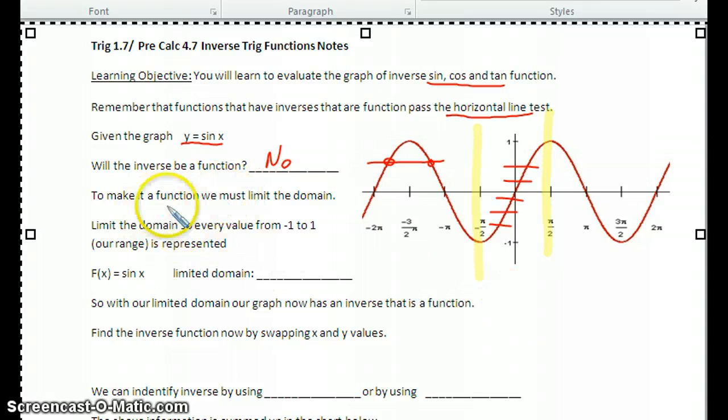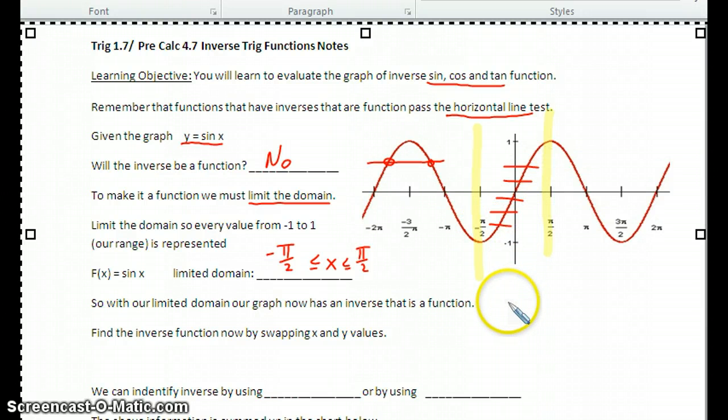So if I want to make the inverse a function, I have to limit the domain. And that's what I've done here by drawing these lines at negative pi over 2 and positive pi over 2. By limiting the domain to be x values between negative pi over 2 and positive pi over 2, we can now say that the inverse exists.